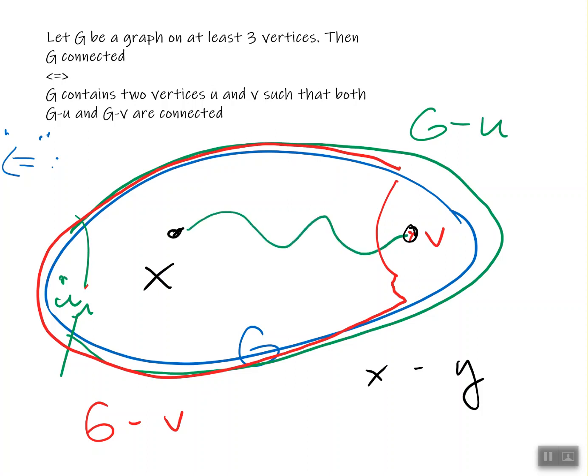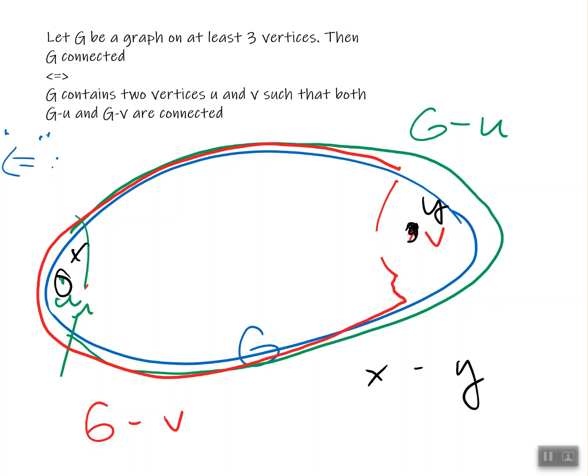Okay, that works. So the only remaining case is that one of x and y is u and the other one is v.